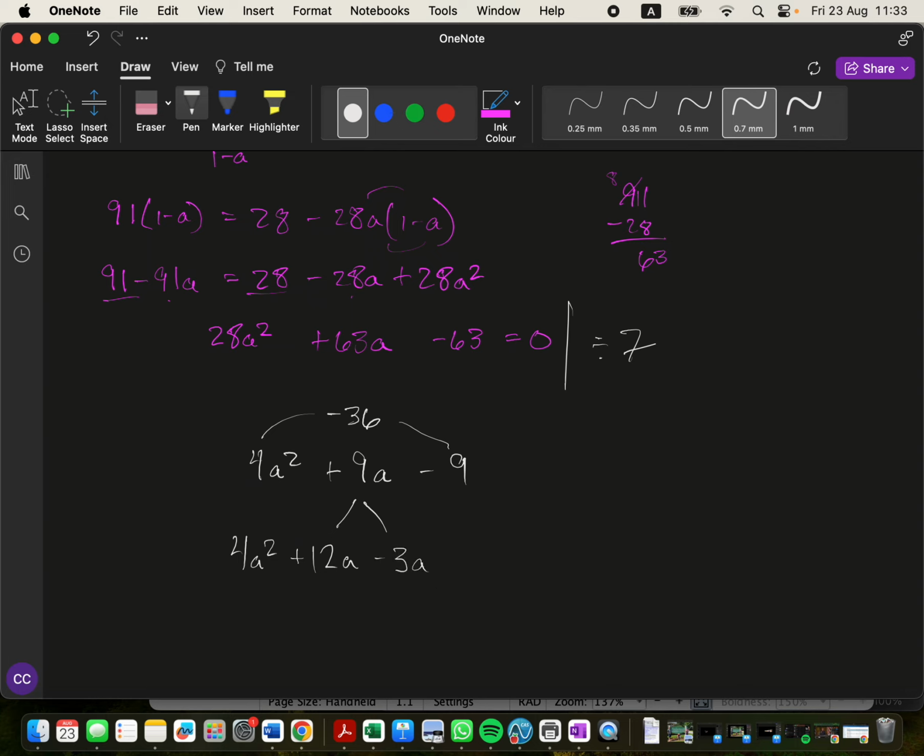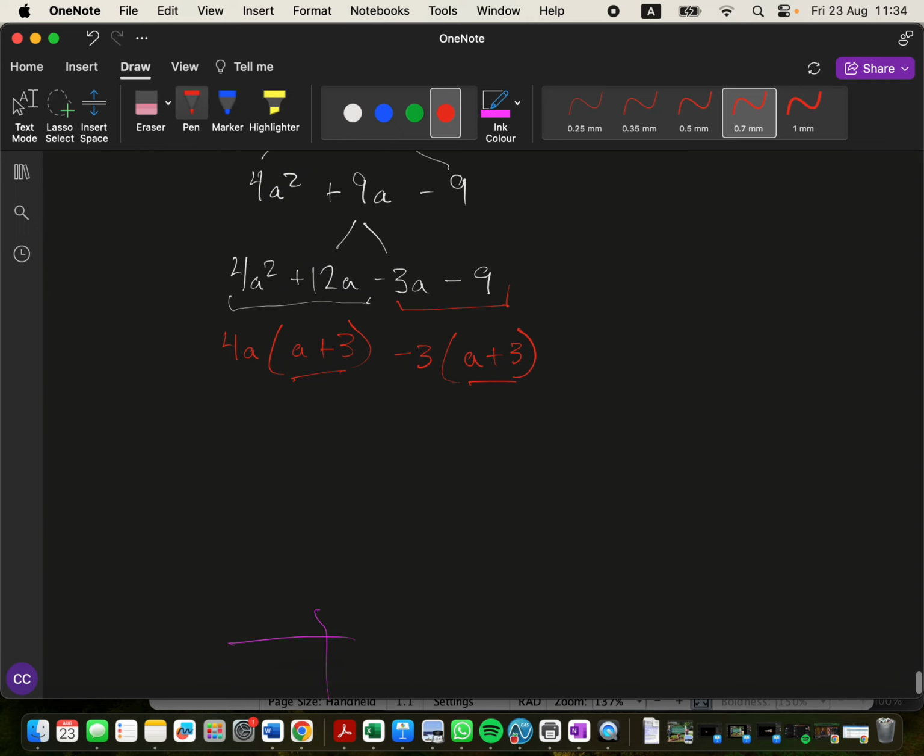Yep, that's 9. Minus 9. From here, I can factor out and get 4A times A plus 3. Here I can factor out negative 3 and get A plus 3. We're in business, those match, so we know we're good.